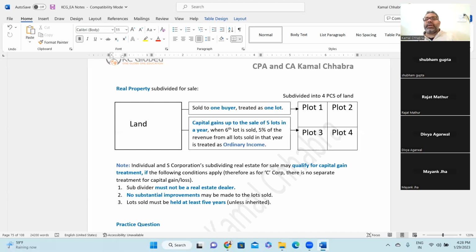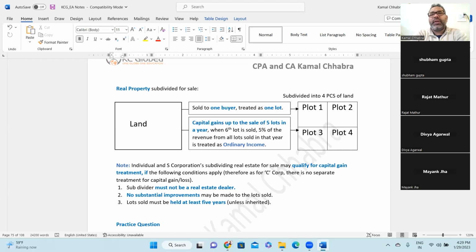Whereas there are two exceptions to it. The first exception is if you are selling all the plots to one party, then you can consider that as a capital asset. For example, let's say you have 1 acre of land. On that, you have done the cutting of plot size. Let's assume you cut 100 plots on the 1 acre land, and the entire 1 acre land you have sold to another person as it is after doing the cutting on maps, right?